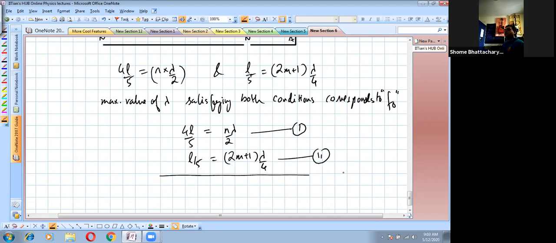And now let us just divide these two equations. So dividing this side, we'll have 4 is equal to n by 2 into 2m plus, or this 2 will come in the numerator first.